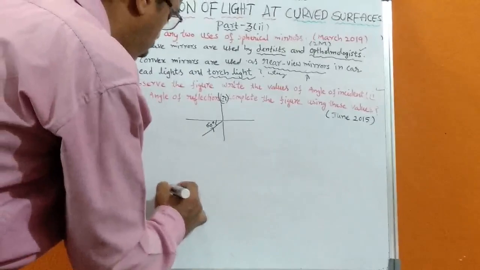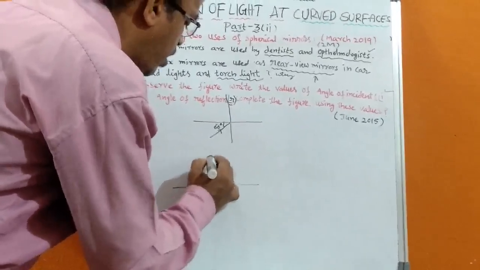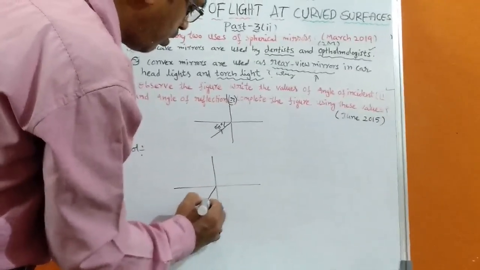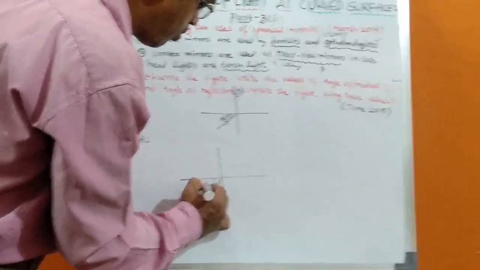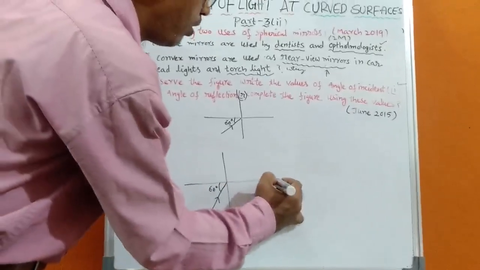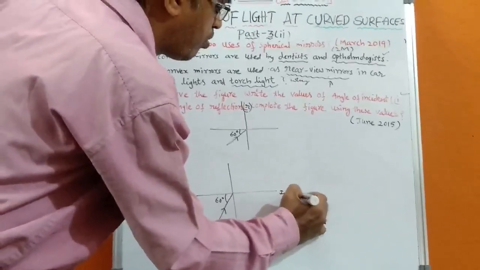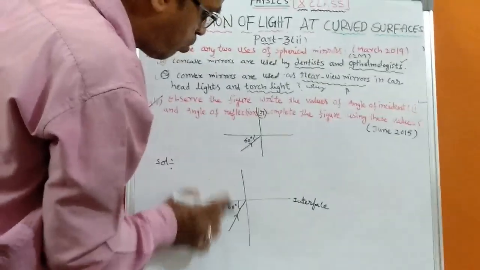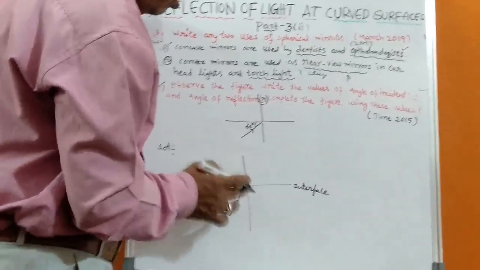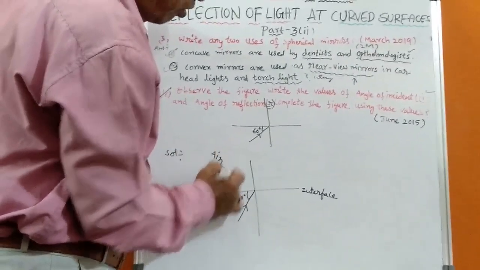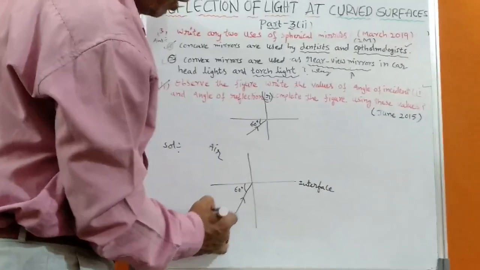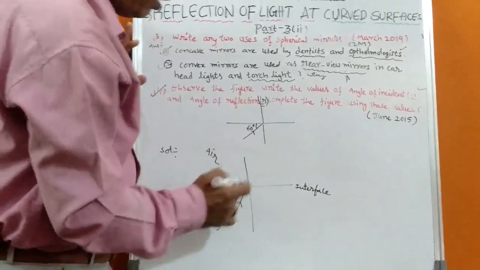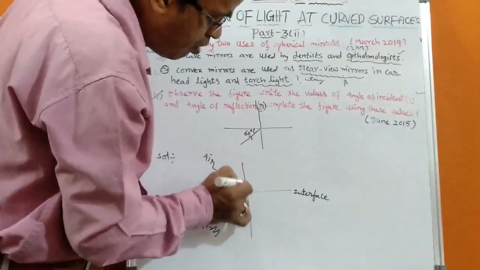Now we have to understand this solution. First we will complete that figure. This much is given, and the angle is 60 degrees. See, this is the interface. Interface means that which separates the 2 boundaries. Here there are 2 media, suppose an air medium and another medium, suppose glass, and this separates the 2 media.